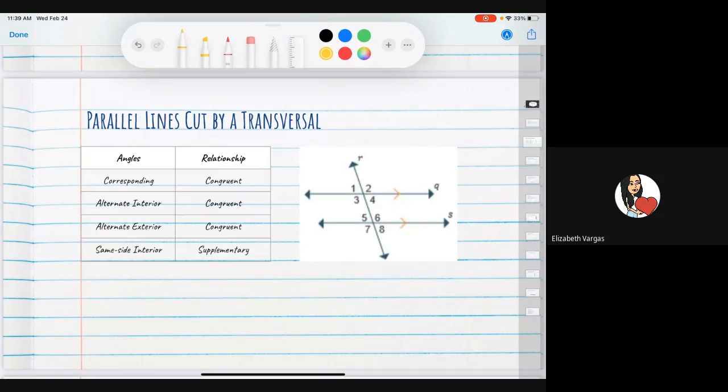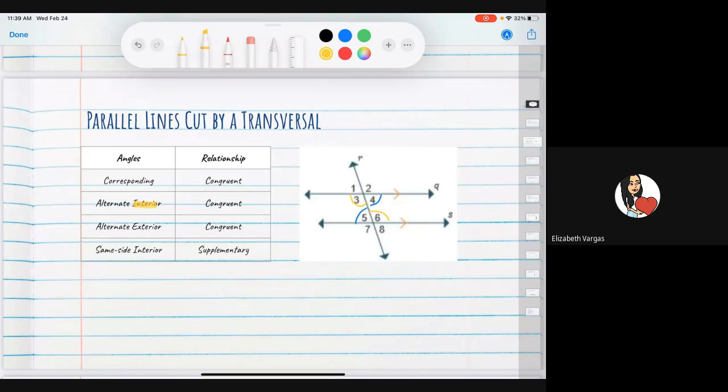We also learned about alternate interior angles. An example of that would be 4 and 5 and 3 and 6. Remember, the first criteria is they must be interior angles, so on the inside, and then they have to be on alternate sides of the transversal. And we know that these two angles are congruent.